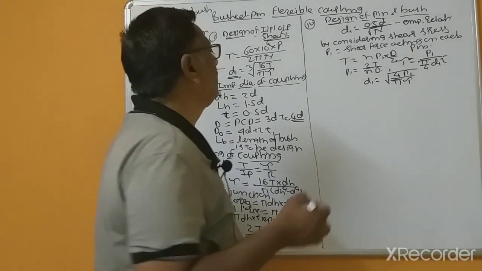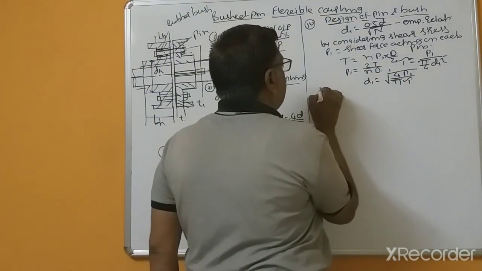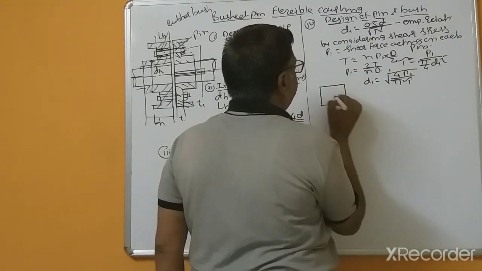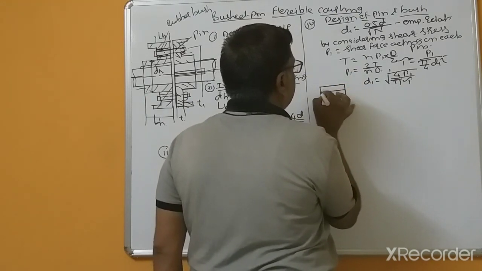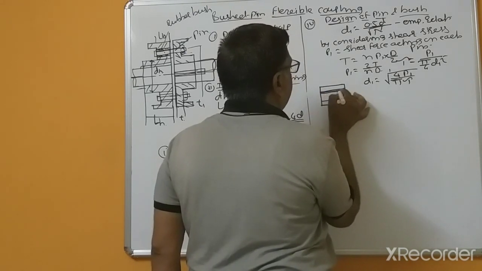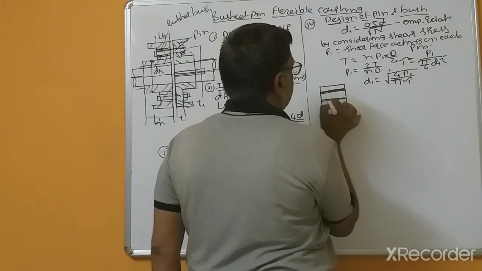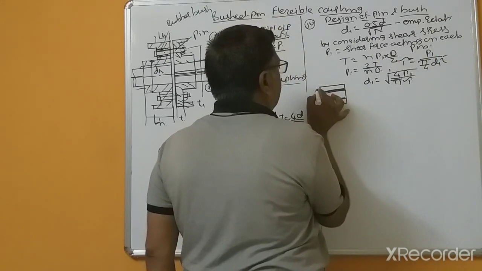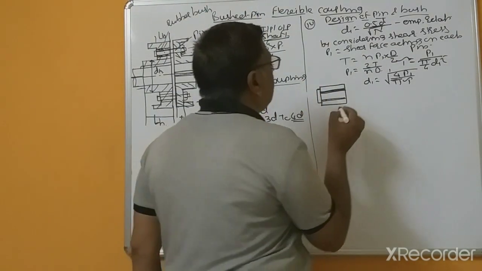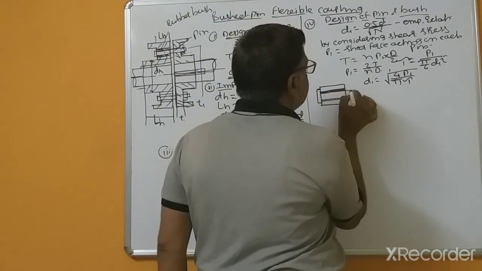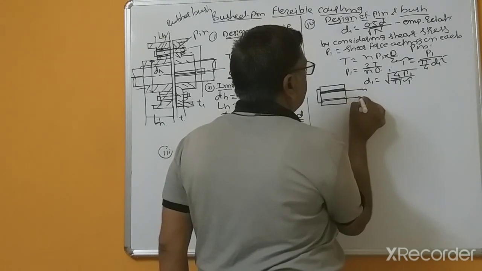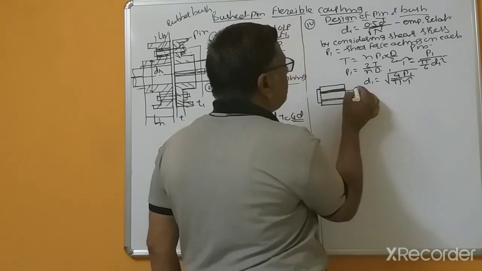Now the bush. First I will draw a sketch of the bush, such type of bush. This material is metallic, and this pin head is small as compared to the diameter of the bush, and this is the threaded portion.